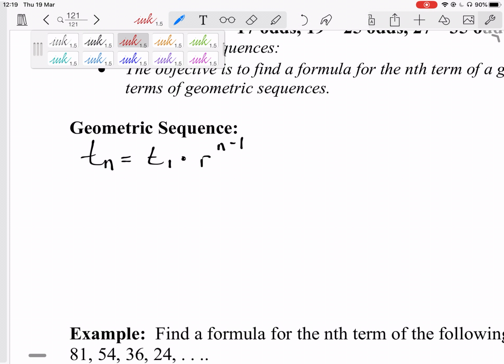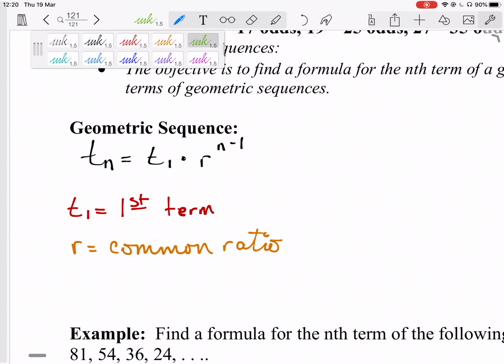And so again, t sub 1 is the same as before. It is our first term. And then r is our common ratio, so what we're multiplying by every single time to get from one number to the next.